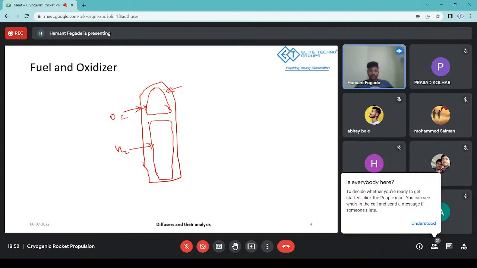Because this outer shell is going to be in contact with the atmosphere and will have a higher amount of heat generated over its surface, a coating of a material is provided which thermally insulates the tank in order to avoid material damage.